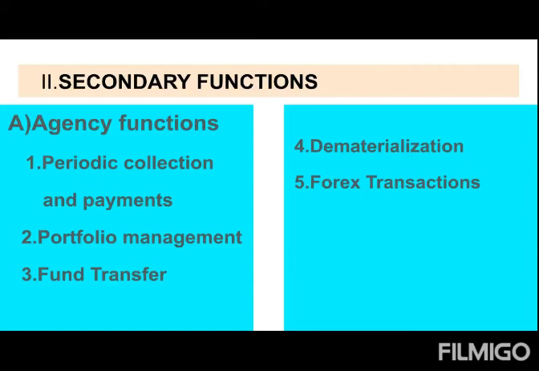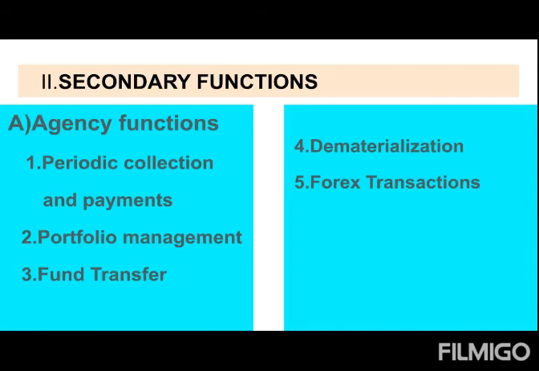Then fourth one, dematerialization. Under dematerialization, if any party wants to buy some share from a company, nowadays they are asking for a demat account, because companies are not issuing the paper form of share certificate. They are asking the shareholder to open a demat account. So we can go and open a demat account in any commercial bank, through what? Commercial bank from depository.